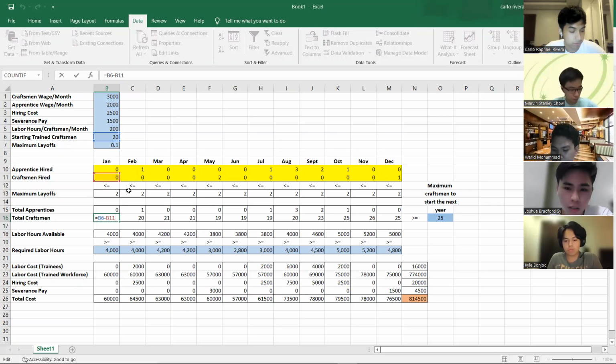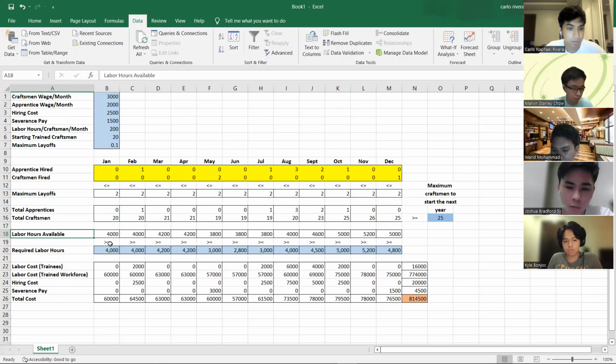Total labor hours is total craftsman multiplied by labor hours per craftsman per month. These are the required labor hours of the different months, which is 4,000, 4,000, and 4,200, and so on.